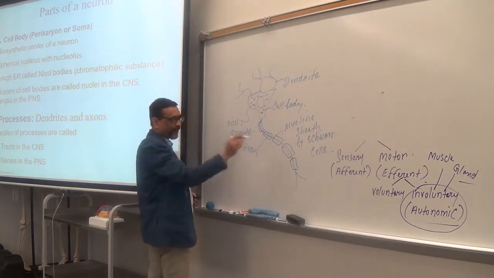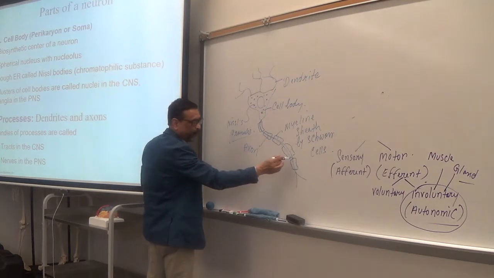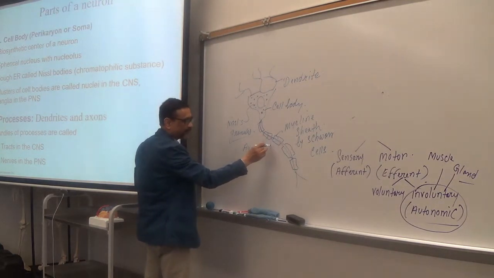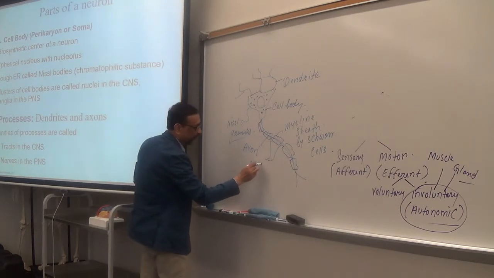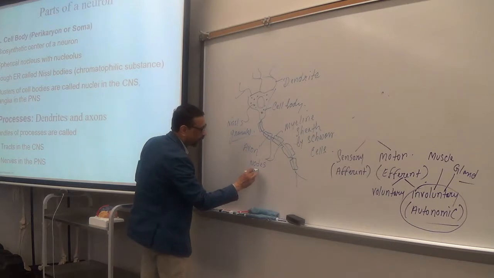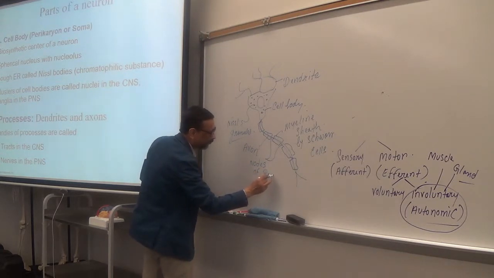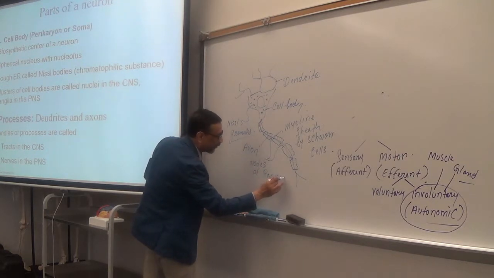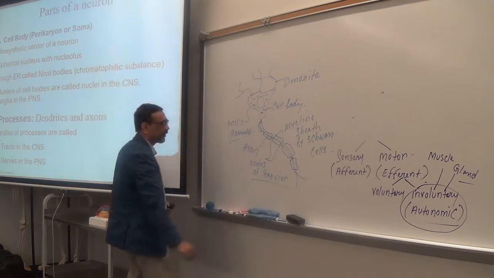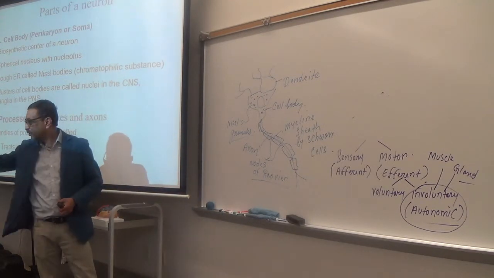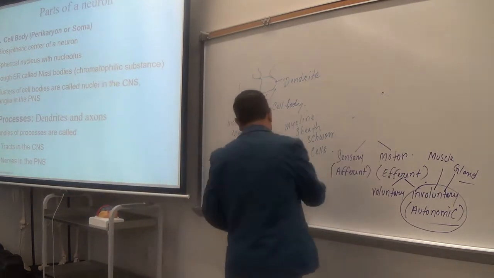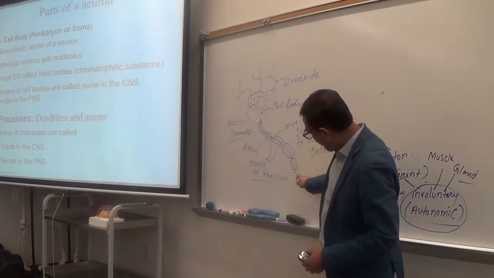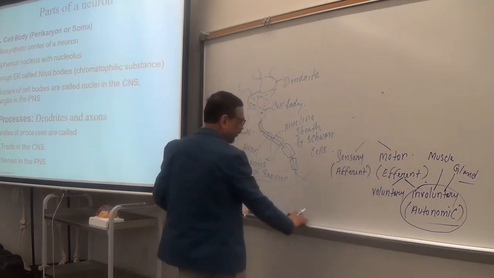You also remember I said that there are open spots between the Schwann cells. These spots are called nodes of Ranvier. And the end of the axon is called the axon terminal.